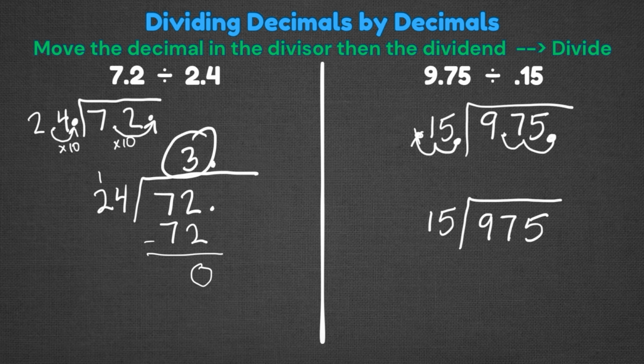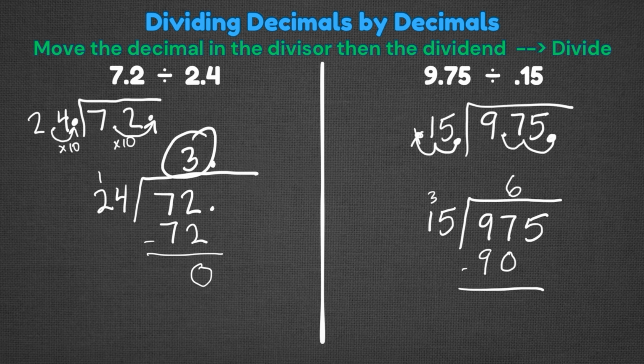15 does not go into 9, but it does go into 97. And I believe it goes in there 6 times. Let's see. 6 times 5 is 30. 6 times 1 plus the 3, that gets us up to 90.